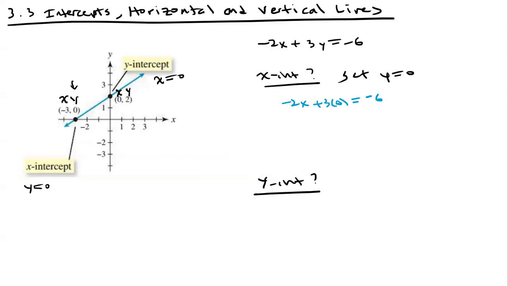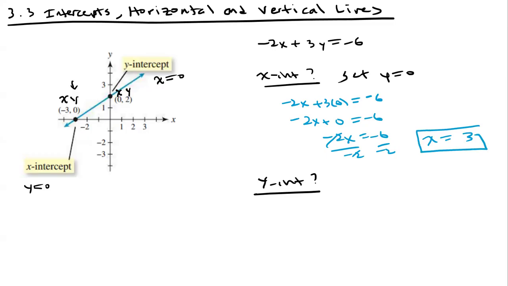So we'll have -2x, and then 3 times 0 is 0, equals -6. Let's simplify this a little more: -2x plus 0 is just -2x equals -6, and then divide by -2. So x gives us +3, because a negative divided by a negative is positive.